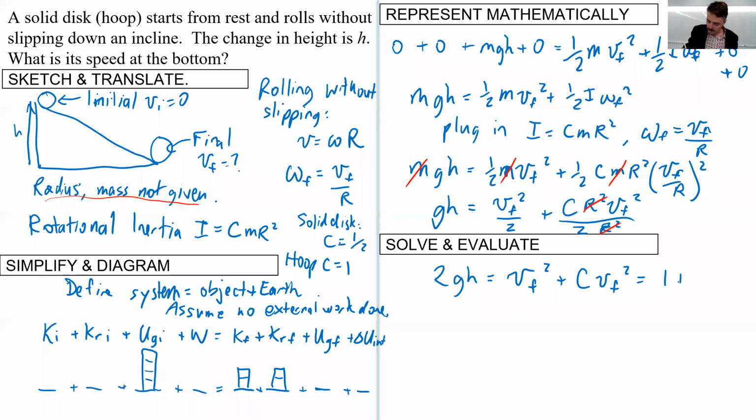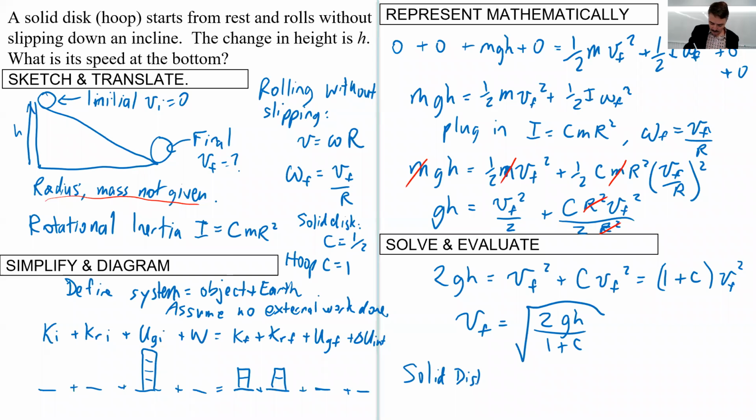So it's equal to 1 plus c times v final squared. So v final is equal to the square root of 2gh divided by 1 plus c. So for the solid disk, v final is equal to the square root of 2gh over 1.5. And for the hoop, v final equals the square root of 2gh over 2. So the disk goes faster.